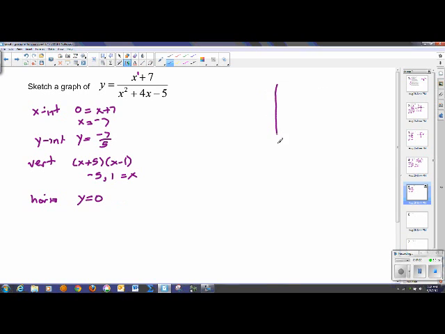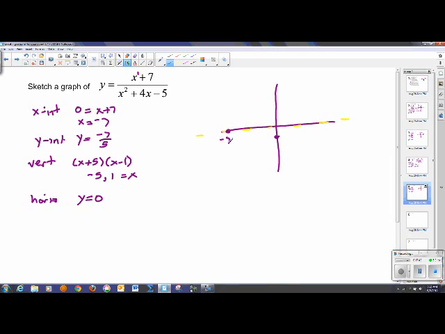So, let's sketch out a graph again. At x equals -7, I have an intercept over here. Let's call that -7. Y equals -7/5 is the y-intercept, and the horizontal asymptote is on this x-axis. And you'll notice right here there's an oddity, if you will.